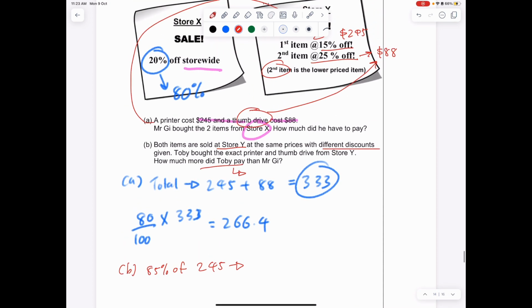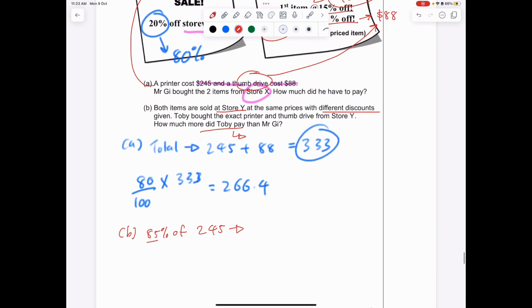Because I told you already, the more expensive item is your printer at 245. Why is it 85%? Because 15% off. 100% minus 15% is 85%. Okay? So therefore, once again, 245 is on the right hand side. You want to find out what is 85%. So 85 over 100. And your answer will be 208.25.